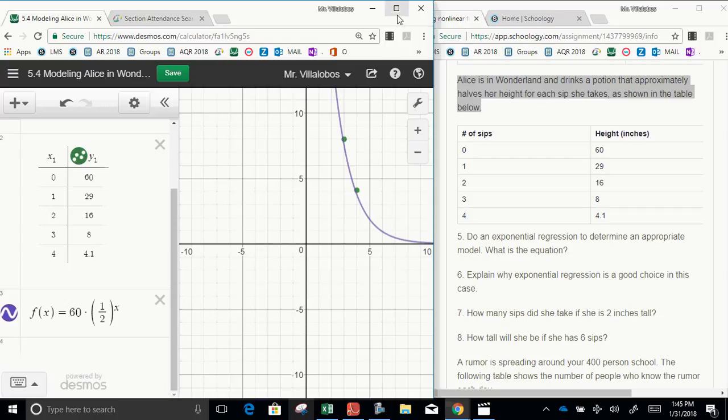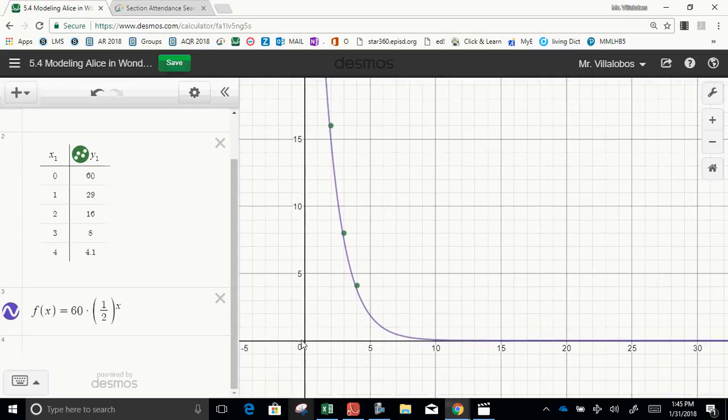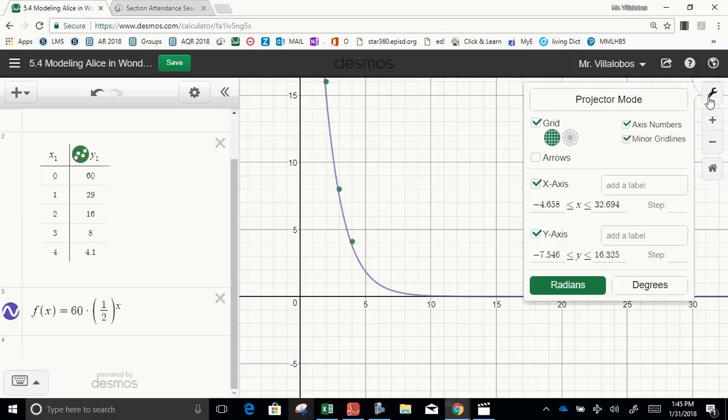Let's take a look. And I can move this over like so. And I can see this from 0 to 20 maybe, and 0 to 15. And let's remind ourselves what the x-axis is. X was the number of sips. So number of sips.